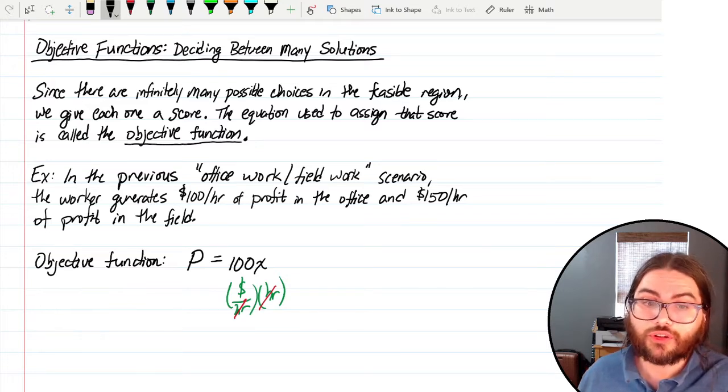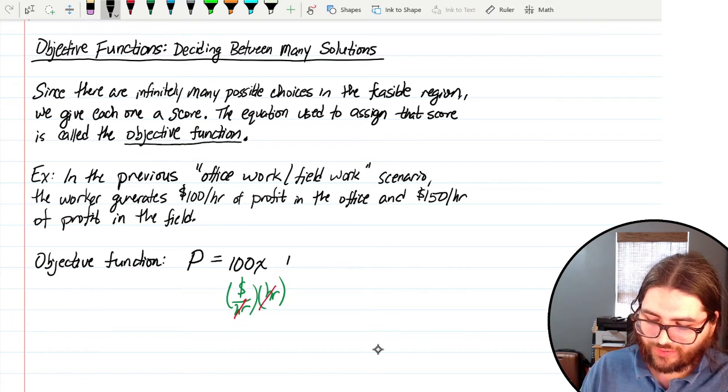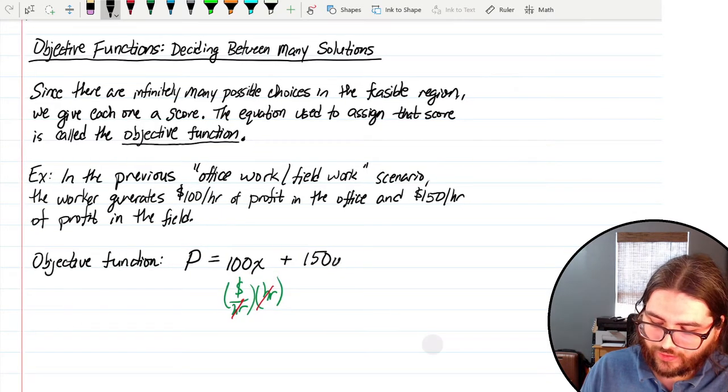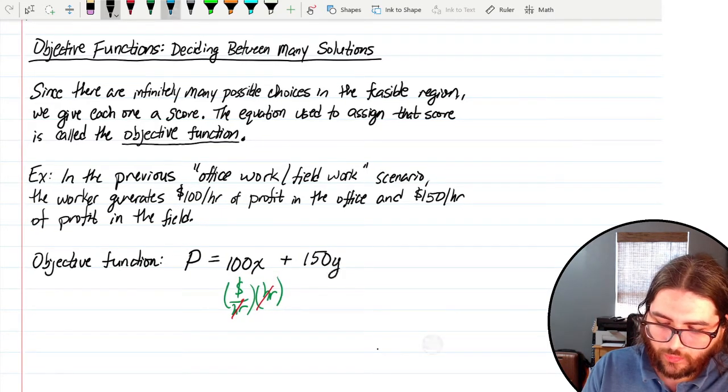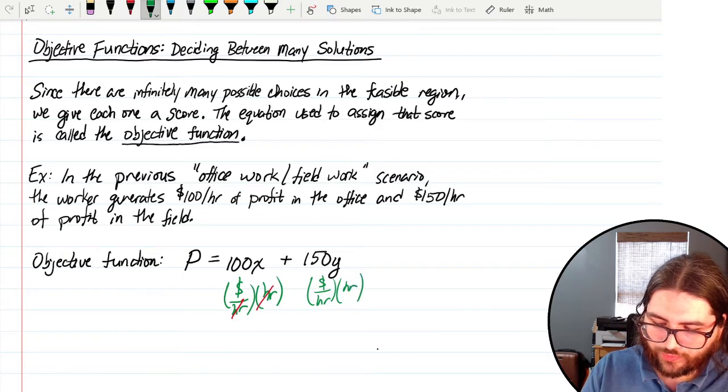Profit is measured in dollars. It all works out. Plus, I'll do the same thing for fieldwork: $150 per hour times the number of hours. And just like before, I could check to make sure this works. It's the same dollars per hour times hours.